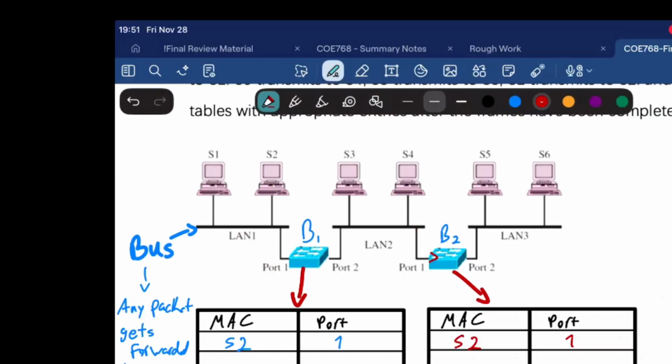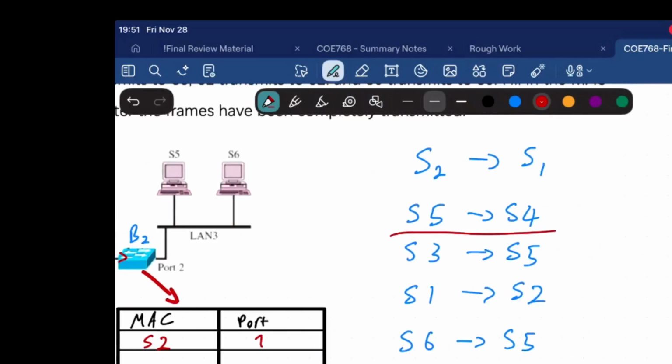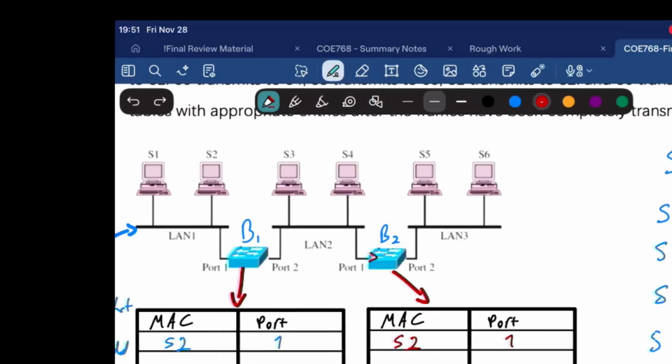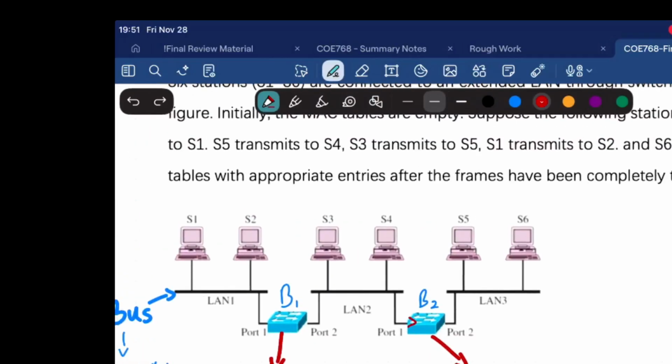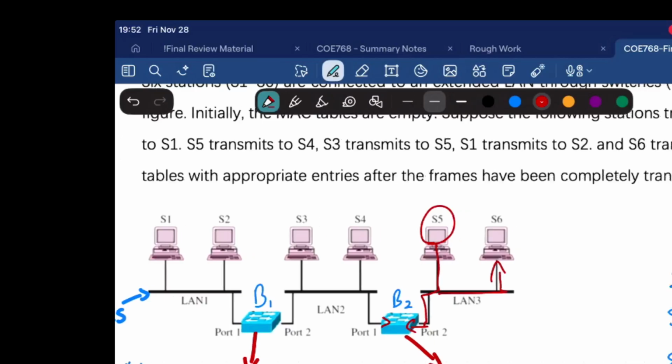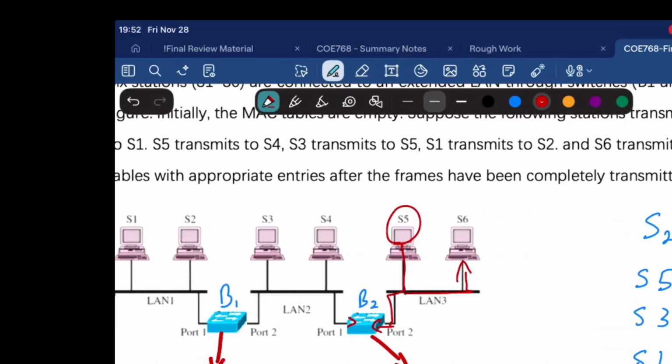Okay, so next one, S5 communicating to S4, or it wants to get to S4. So same rule, S5 sends packet down in its branch, it ends up going into B2. B2 doesn't know where S4 is, therefore it broadcasts out to all nodes, going out in all directions.